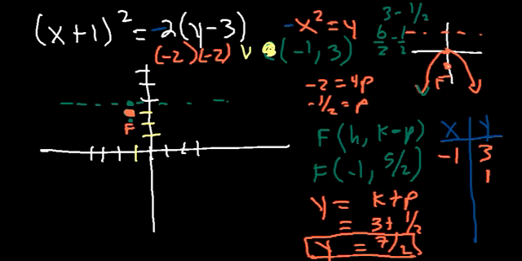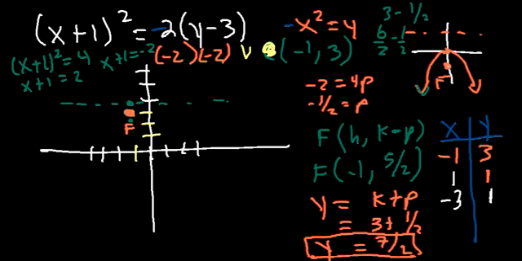And I can take the square root of 4. So if x plus 1 squared is equal to 4, x plus 1 is plus or minus 2. So it's equal to 2 and negative 2. If x plus 1 equals 2, subtracting 1 from both sides, I get x equals 1. And for the other one, negative 2 minus 1 is negative 3.